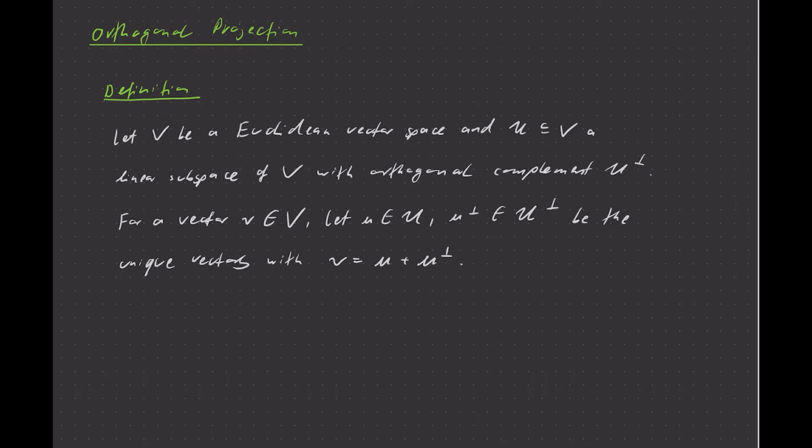And in this definition, we just give names to those vectors. U is then called the orthogonal projection of V on the vector space capital U.